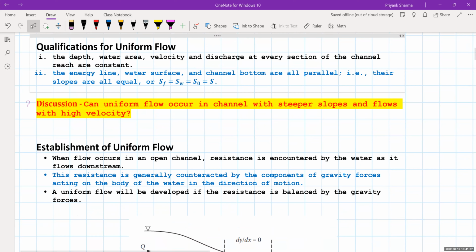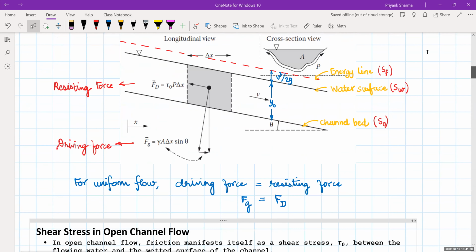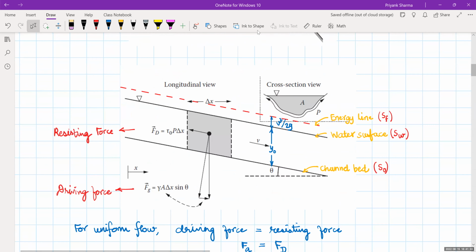Now, there are certain criteria to qualify for the uniform flow. The first criterion is that the depth, water area, velocity, and discharge at every section of the channel reach are constant. Now, this essentially implies that when the water is flowing, there are three components to it. If we look at this figure, the first component is the channel bed, denoted by S naught, the channel bed slope.